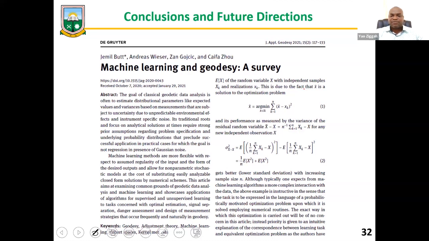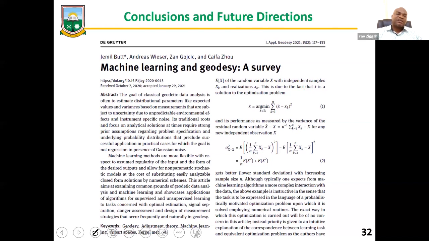In this particular paper, certain conclusions have been drawn as to machine learning, or AI, being more flexible, and because of its non-parametric nature, being able to handle data properly and give better results as compared to the classical models.